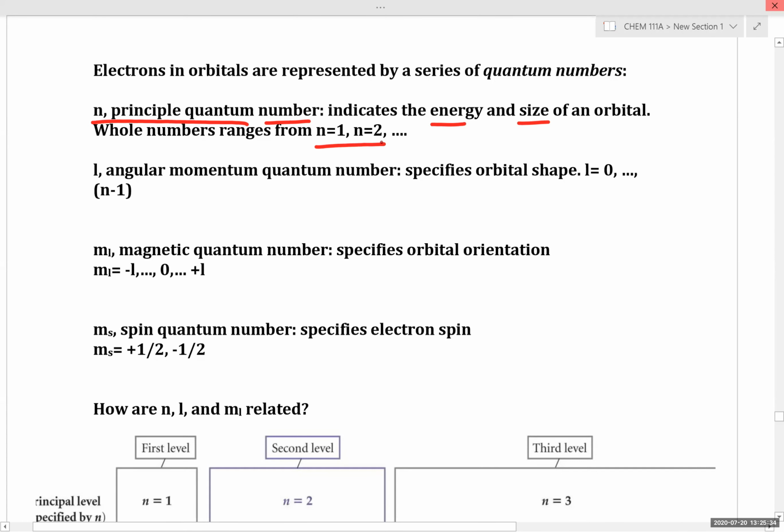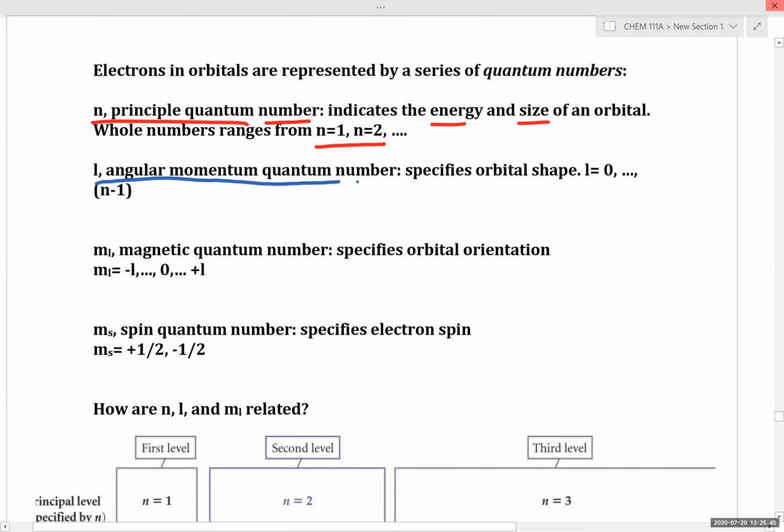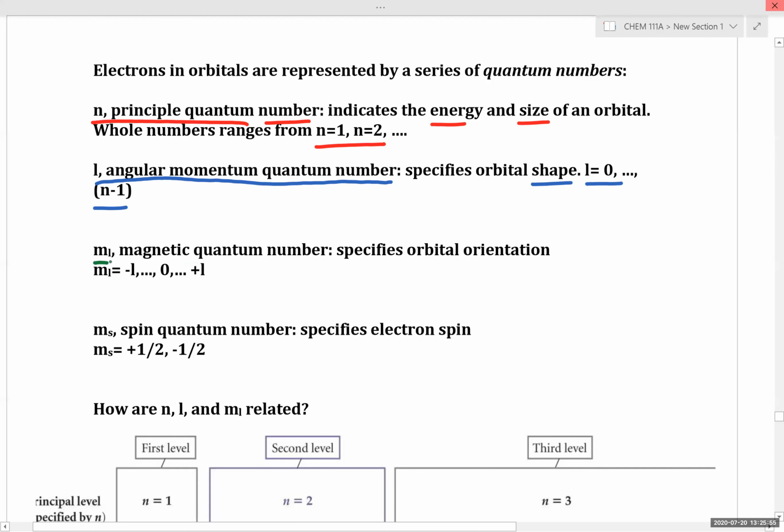We can have whole number values of n starting from 1 and going to very large whole numbers. L is the angular momentum quantum number, which specifies orbital shape, and L can go from 0 to n-1. ML is the magnetic quantum number, which specifies orbital orientation, how the orbital is arranged in 3D space.